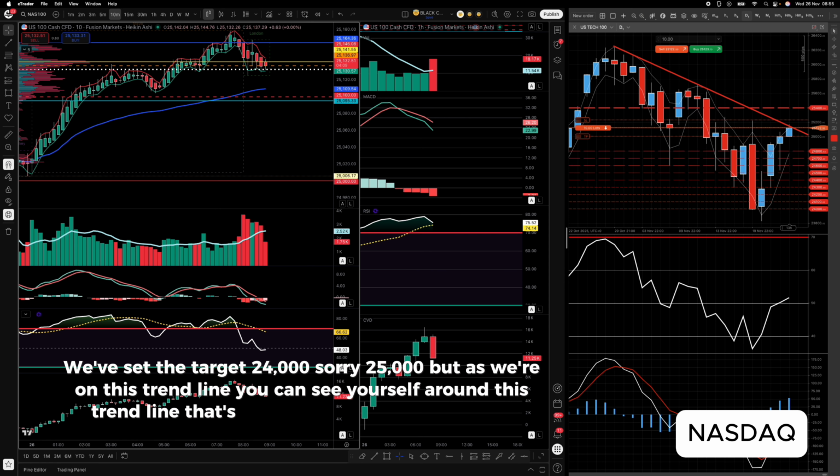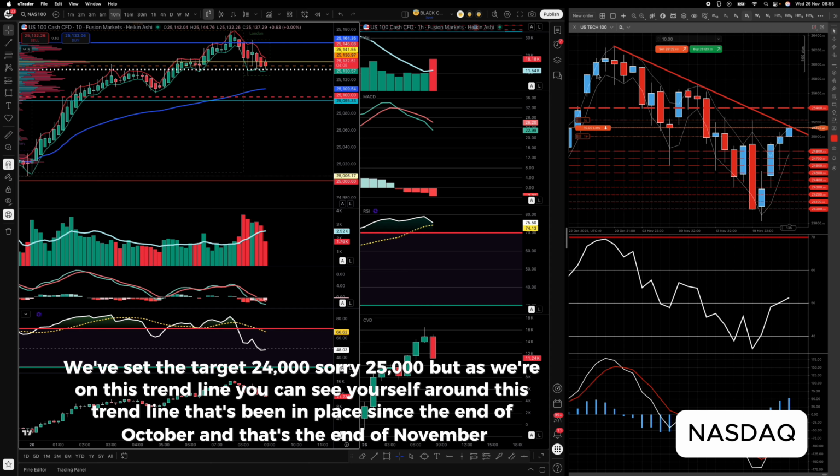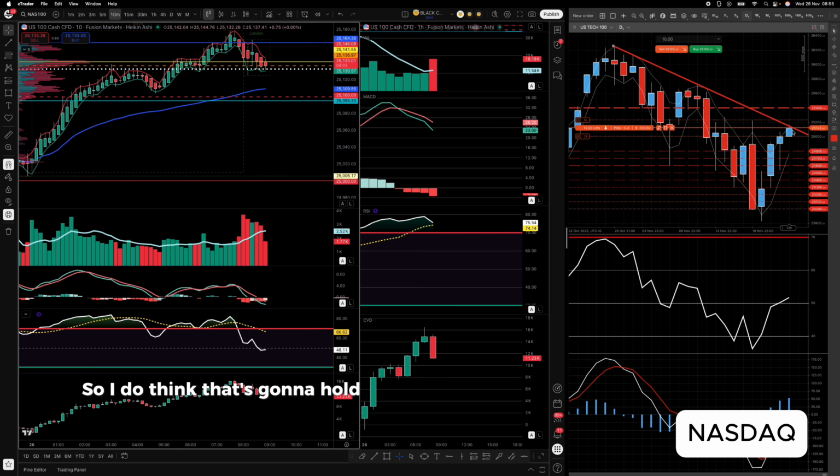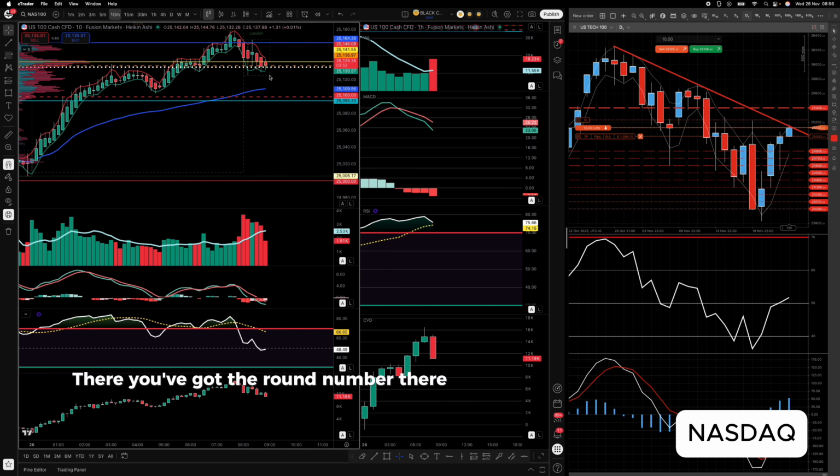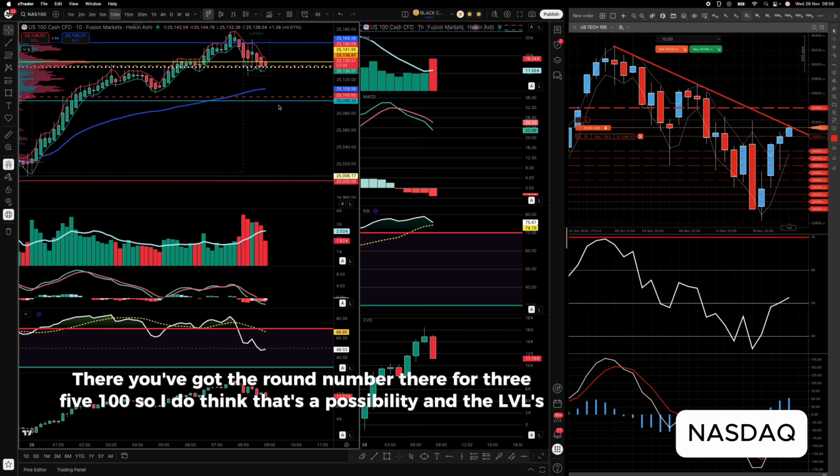We're right on this trend line that's been in place since the end of October, and now it's the end of November. So I do think that's going to hold, especially for the London session. Let's see, and also you've got the VWAP pulling it down towards it there. You've got the round number there for 25,100, so I do think that's a possibility, and the LVL's just right there too.